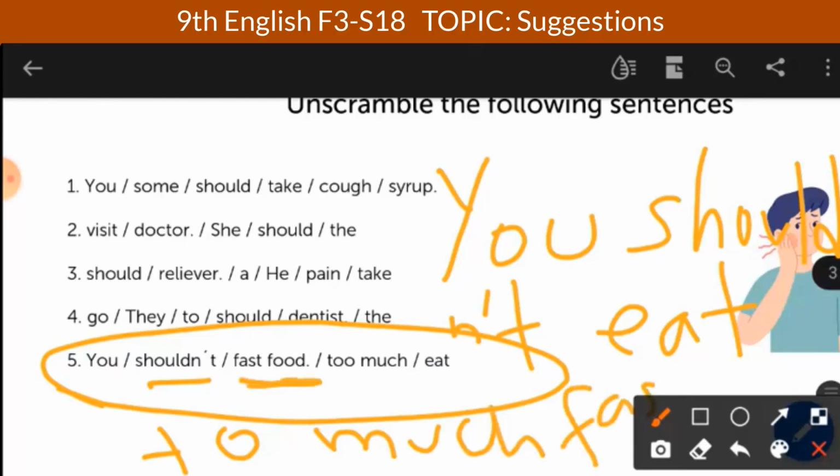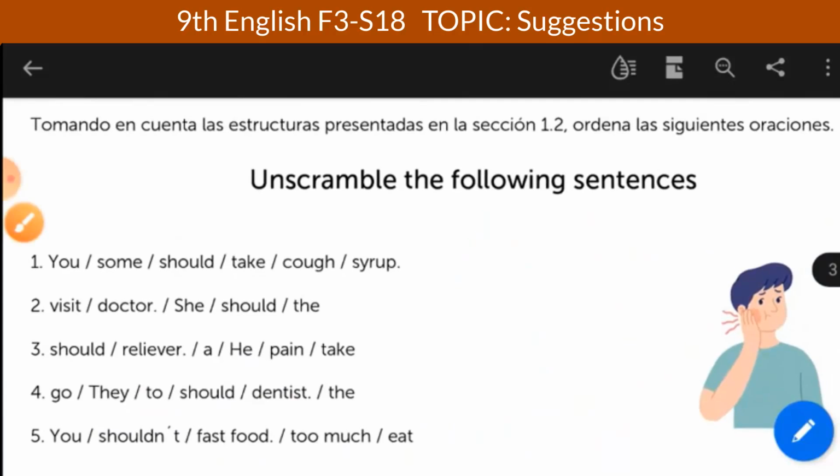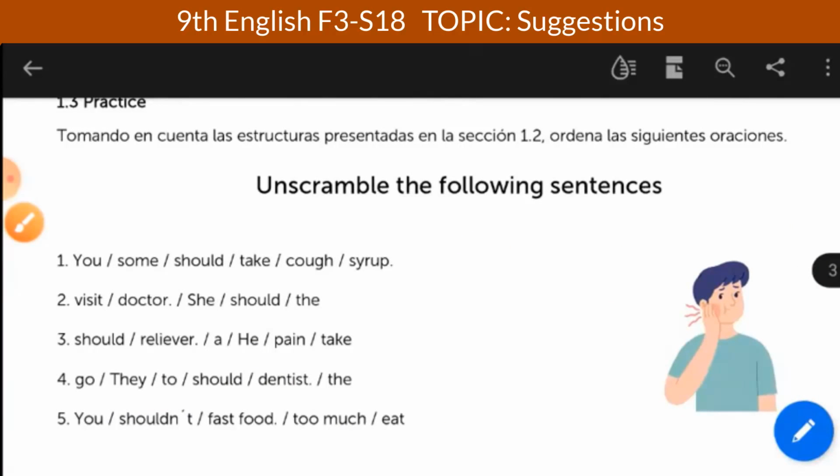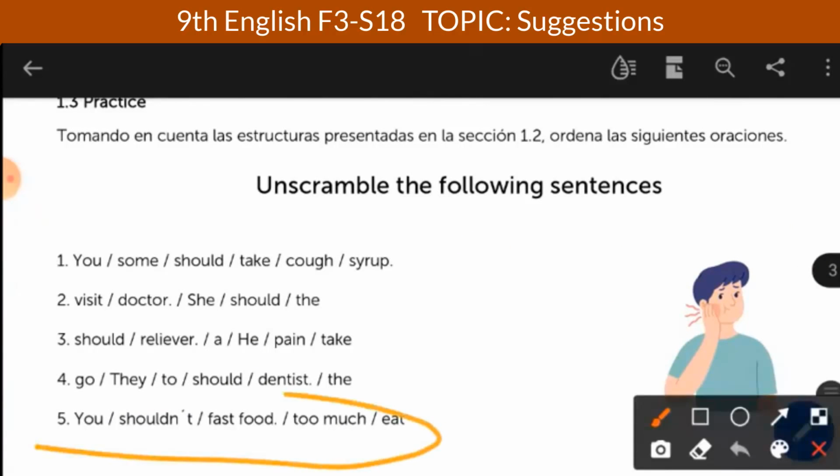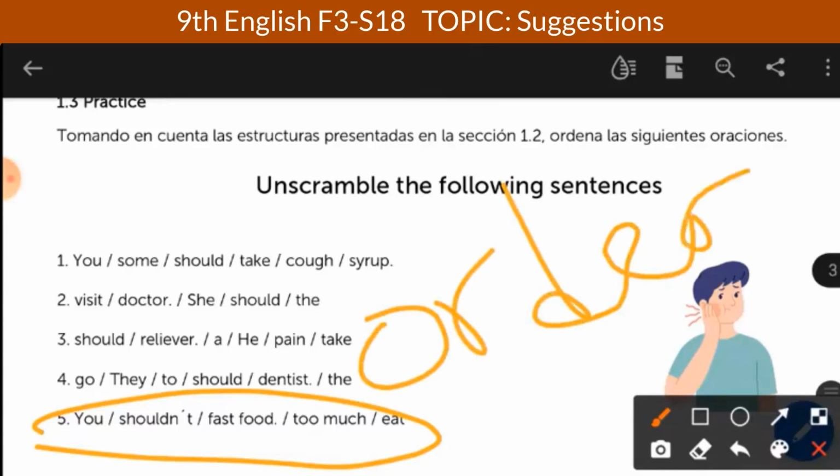Okay? Yes, too. That's it. You shouldn't eat too much fast food. So, you do it like that. Okay? Hágalo también usted. These sentences are disorganized. You have to put them in the correct order.